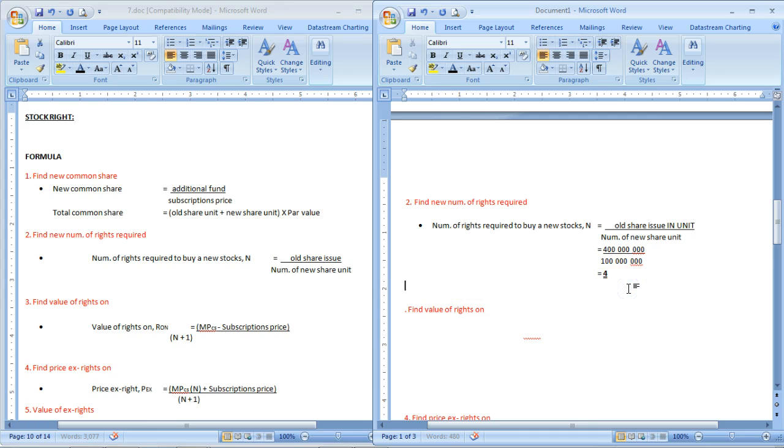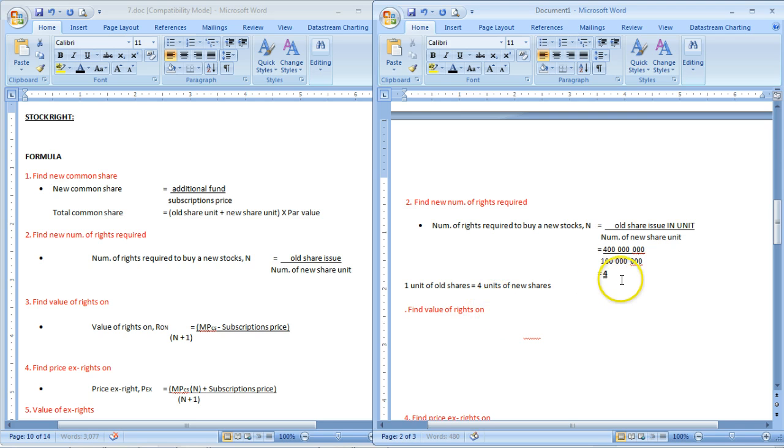For every 1 unit of the existing shares, they have the right to buy 1 unit of new shares. This is the ratio.